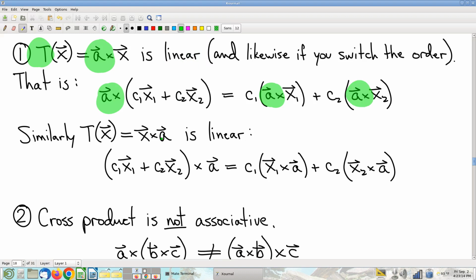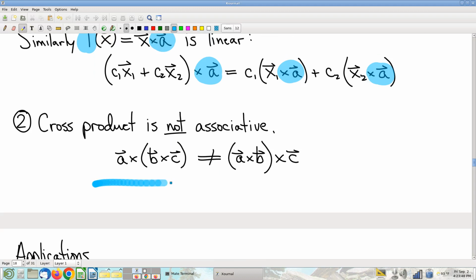Or you can go the other way if you want. You can do the cross product on the right side. And notice in both of these cases, what we're saying boils down to this: doing the linear combination first, followed by a linear transformation, versus doing the linear transformation first, followed by the linear combination, you get the same thing either way. So that's just linearity.